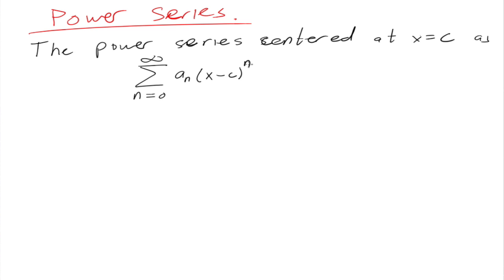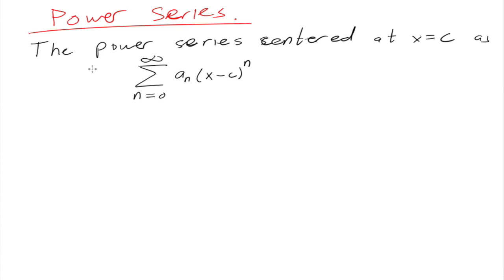So the first thing to notice is what's new? Well, the a sub n isn't new, but x minus c to the n. Well, the big thing that's new is the x, right? Oh, well, no, that's Taylor polynomial.